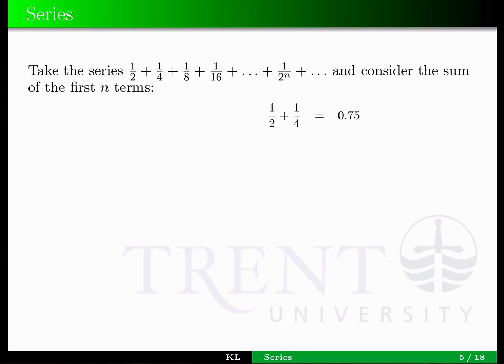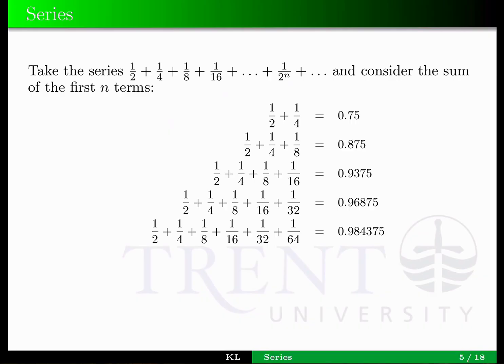For example, let us consider the sum of the first two terms, 1 half plus 1 fourth, and we can easily get 0.75. If we consider the sum of the first three terms, we will get 0.875. The sum of the first four terms, we get 0.9375, and so on and so forth.